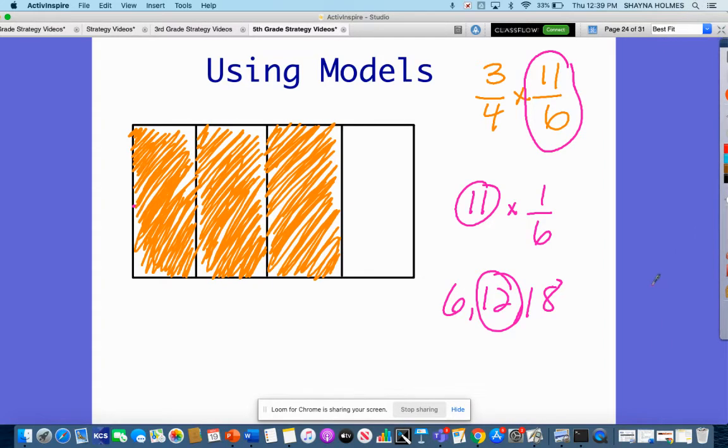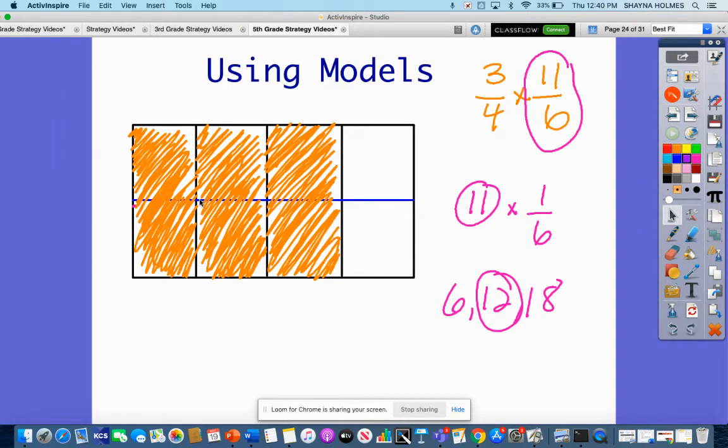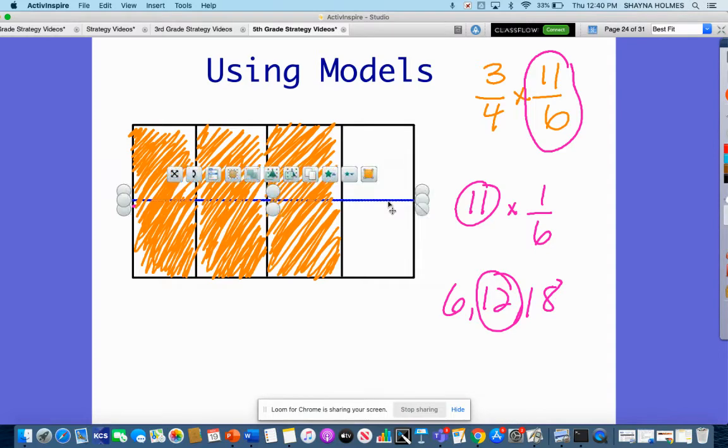I'm going to add a line going across. And then I'm going to duplicate it.